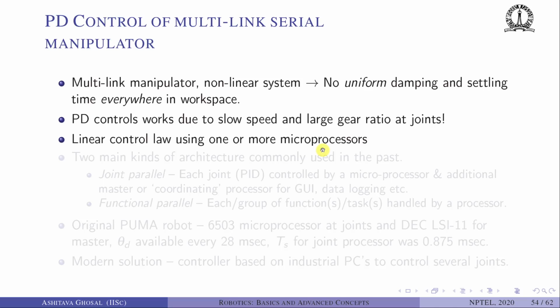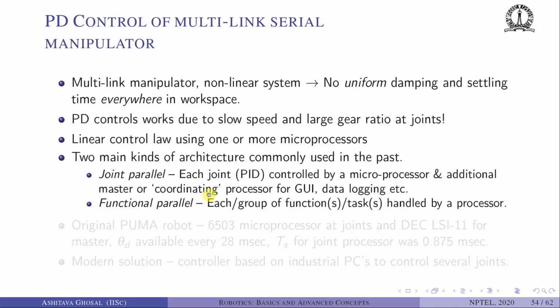Earlier, in the original days of robotics, there were two main kinds of architecture which were used. One is what is called a joint parallel architecture. So each joint is controlled by a microprocessor. An additional master or coordinating processor is used for the graphic user interface, data logging, and various other things.